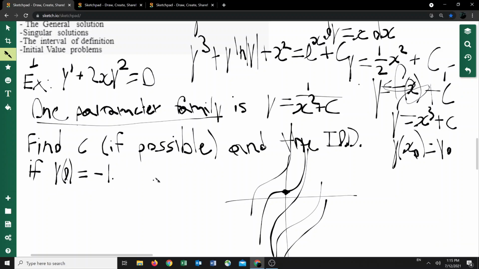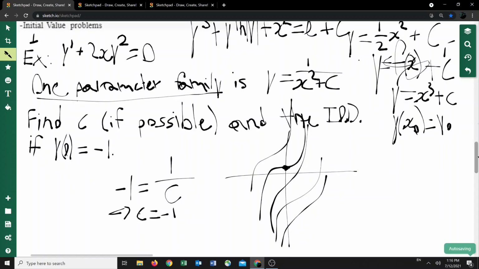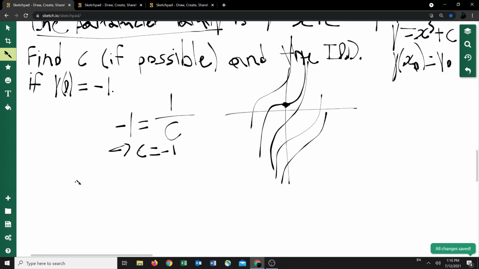If we plug in this initial condition, we just have that -1 is equal to 1 over c, because if we plug in 0 here, we get 0 squared, which is 0. And that implies that c is -1, using some basic algebra. Plugging that in, we have y equals 1 over x squared minus 1.